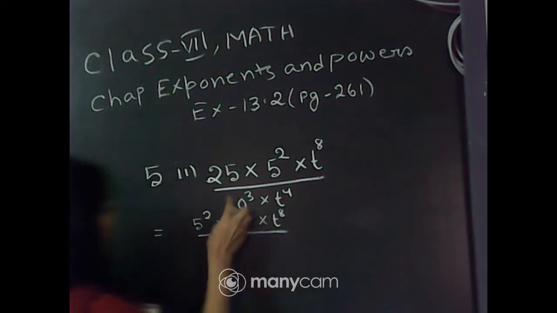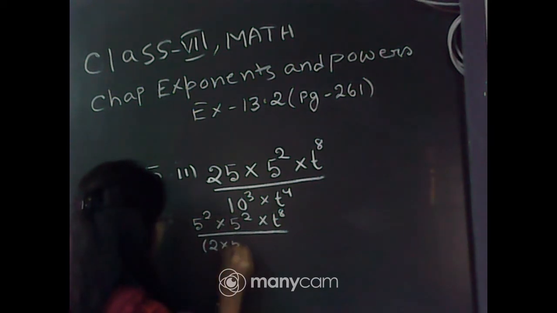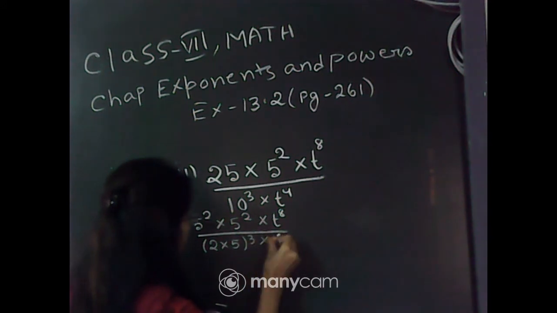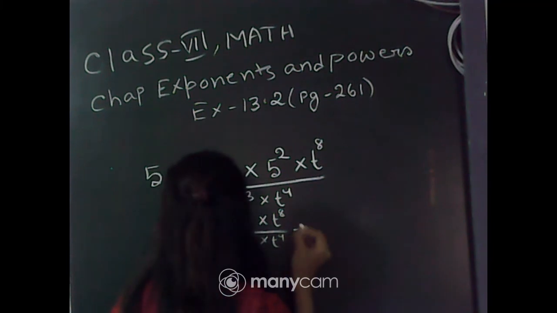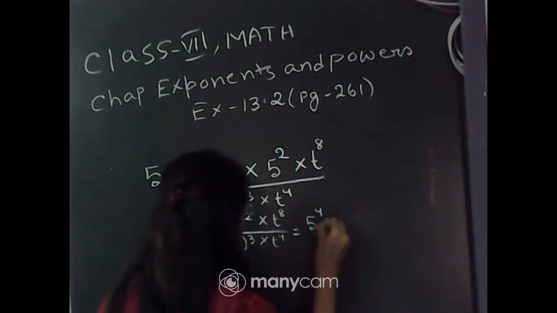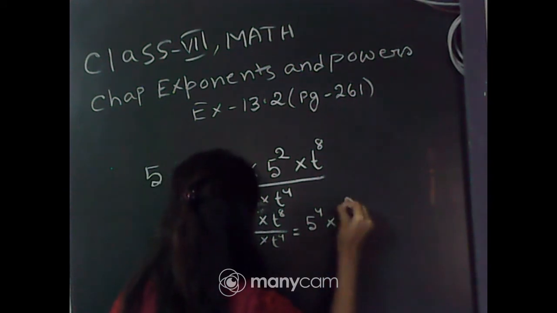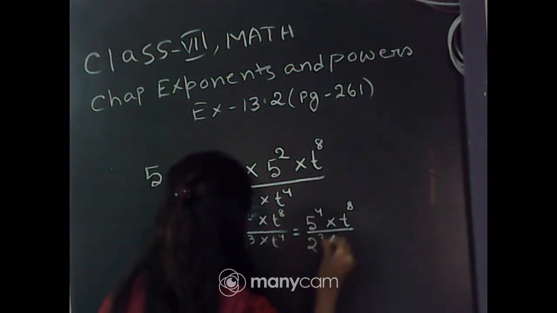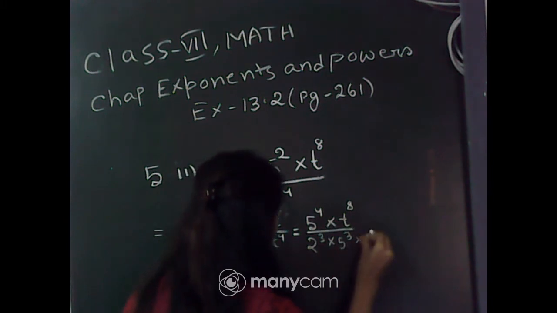Also we can write 10 as 2 into 5. And therefore this is equal to 5 to the power 4 into t to the power 8 divided by 2 cube into 5 cube into t to the power 4.